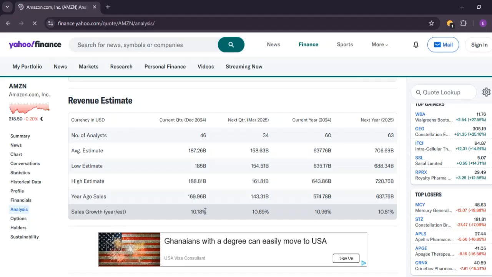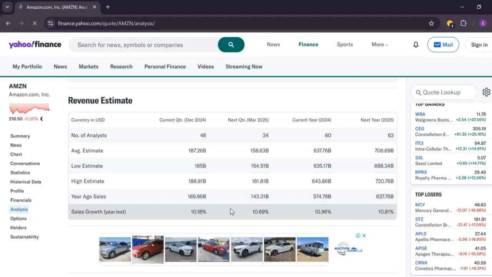All right, so all of these figures you are seeing here are estimates that have been developed and accepted by Wall Street analysts, investment analysts. So we are going to take a look at those. For December 2024, which is the current quarter, we've been told that the estimate for our sales growth is 10.18%.